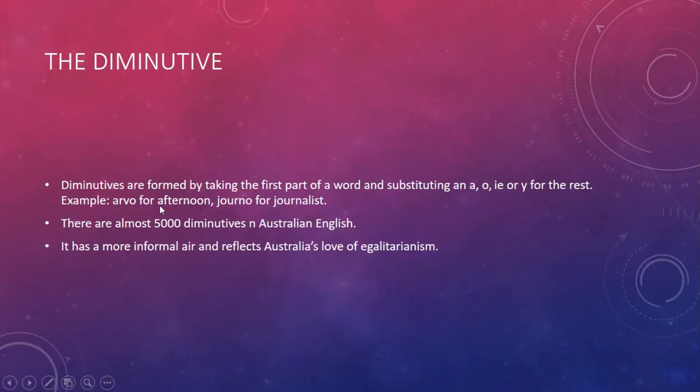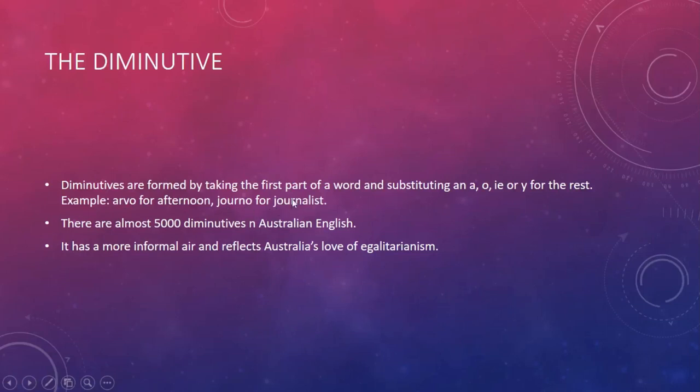For example, you take a word like afternoon. You take only A from A and R from there, and then you put an O at the end, RO. So they actually call afternoon RO. And then again, for journalist, they use the term journo.